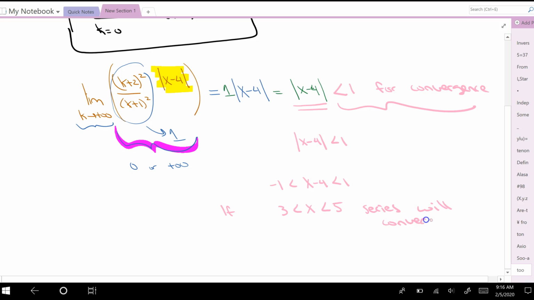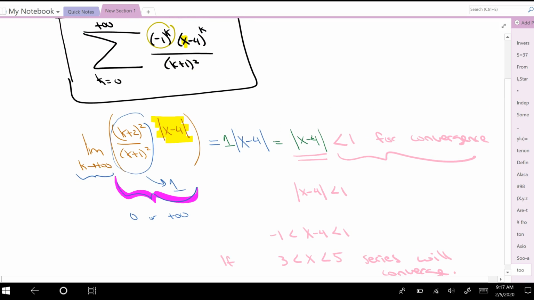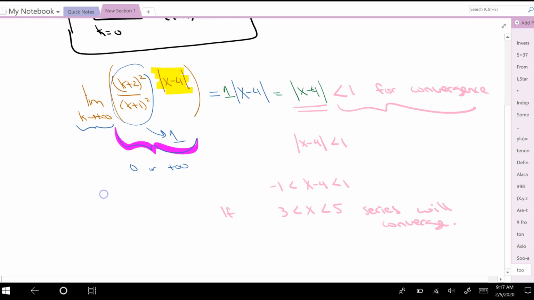And this kind of ties to what I said at the beginning of class about the role of x. When we have series where the variable x now makes its debut, it is possible that not only does the series defy classification, its behavior, convergent or divergent, could very well change depending on x. If x is between 3 and 5, the series will converge, okay?